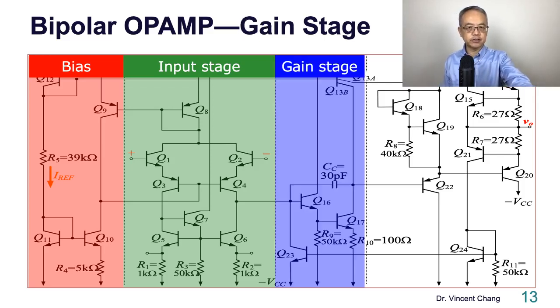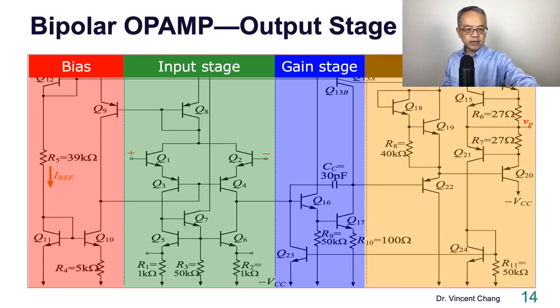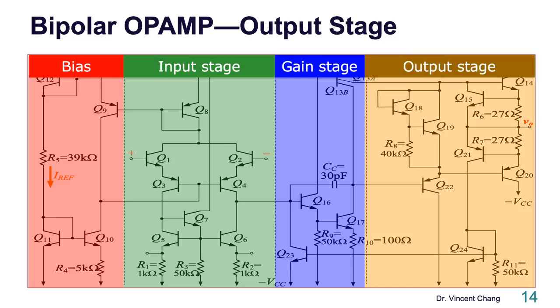Then toward the right is the gain stage. The typical gain of this stage based on bipolar technology is around 500. On the right is the output stage.